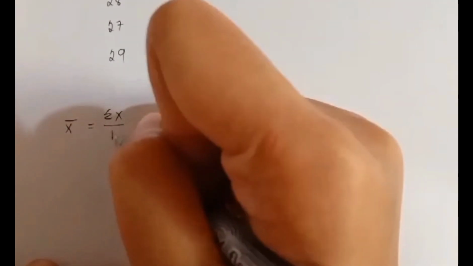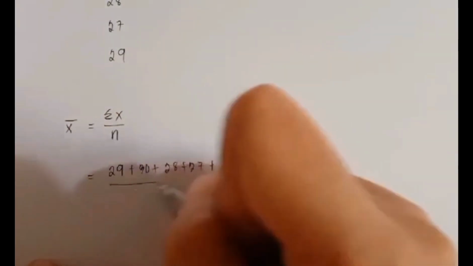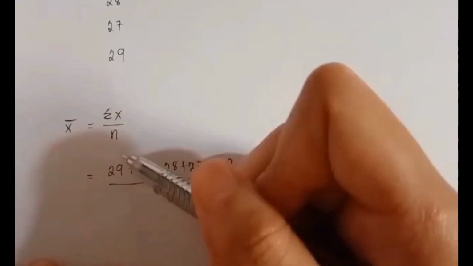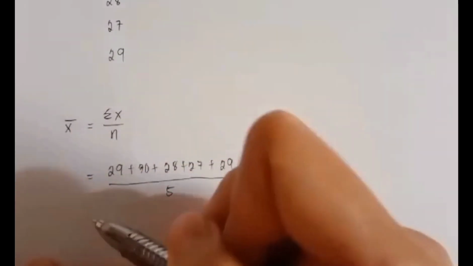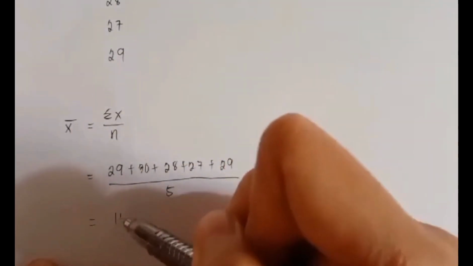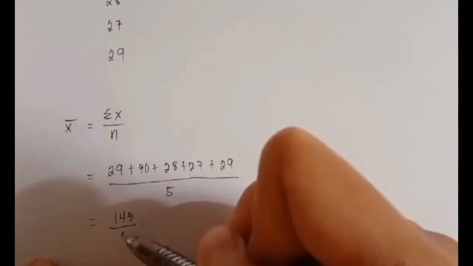Second, we must get the mean. Using the formula, mean equals the summation of X over N. Then add the scores 29, 30, 28, 27, 29 over 5, and this will be 143 over 5.